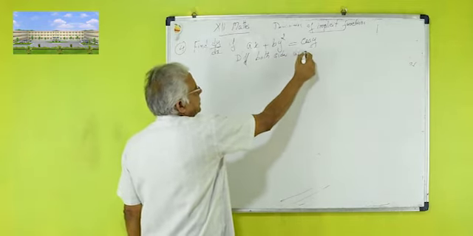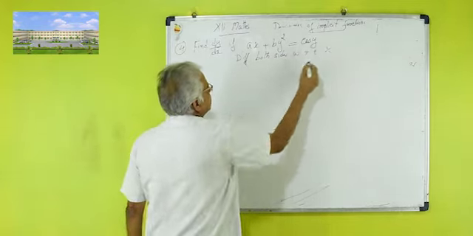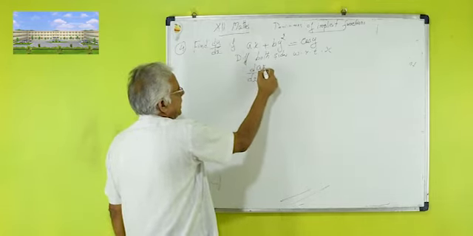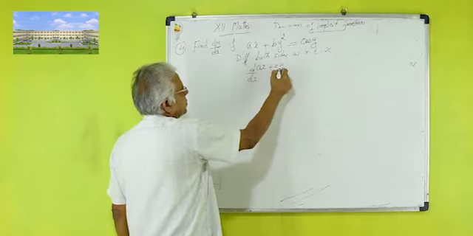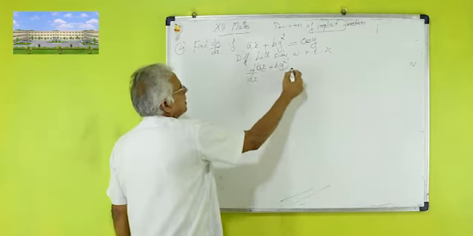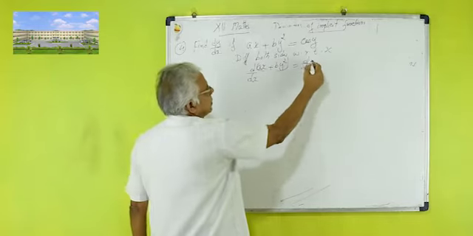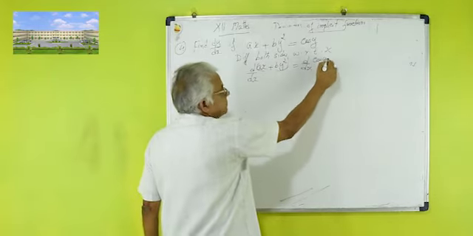With respect to x, dy by dx of the left hand side (ax + by²) is equal to dy by dx of cos y.